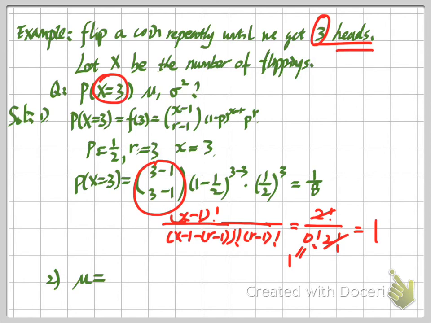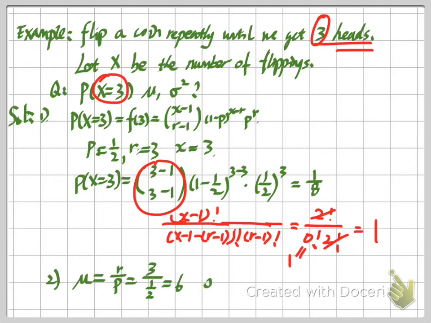The only thing we need to do is plug in all the values here. So for this mean, because mean is equal to r divided by p, r now equals 3 and p equals 1/2. So we have the value for our mean equal to 6.